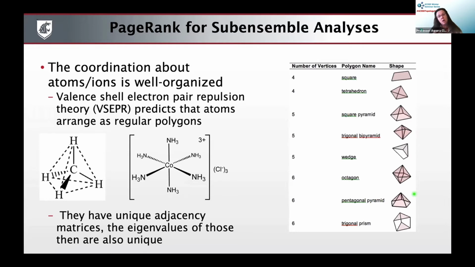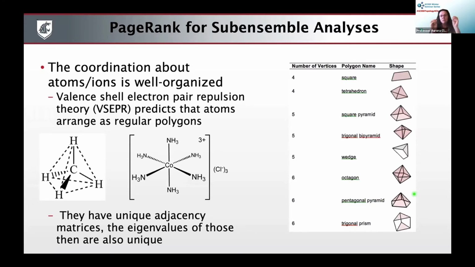And it turns out that regular polygons have unique adjacency matrices up to a pretty large number of vertices, up to about 13. And so when we adapted this to chemical applications, we initially used it as a data mining tool.